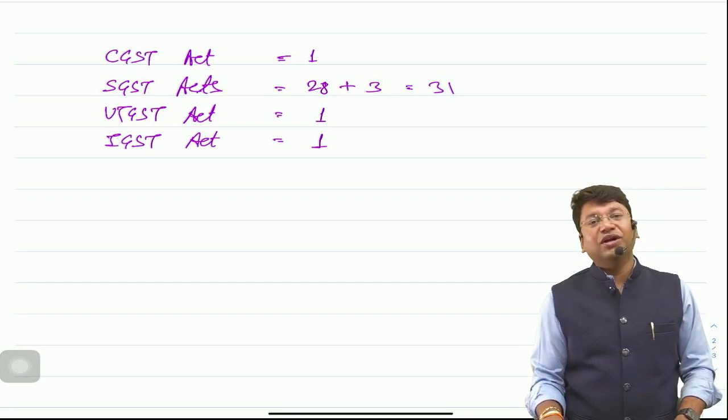Now this IGST is integrated goods and services tax. Suppose 9% is the CGST, then obviously, absolutely the same, 9% will be SGST. So in case it is an interstate supply, from one state to another state, then C plus S, that is 18%, will be the IGST.